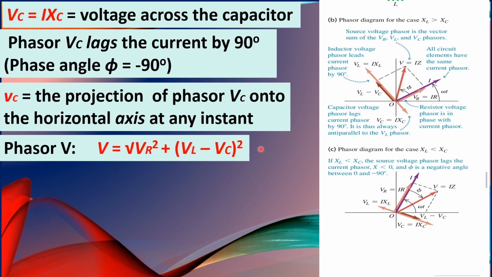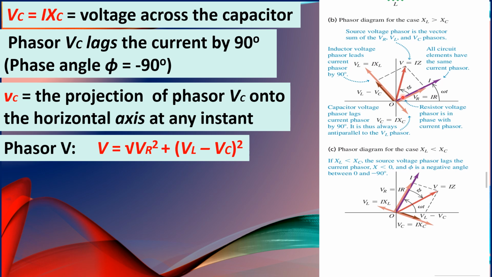All right. Now, the phasor capital V, in the diagram, this is the phasor capital V, which represents the source voltage. Okay, it represents the source voltage, small v, and the instantaneous total voltage, v sub ad, across the series of elements.